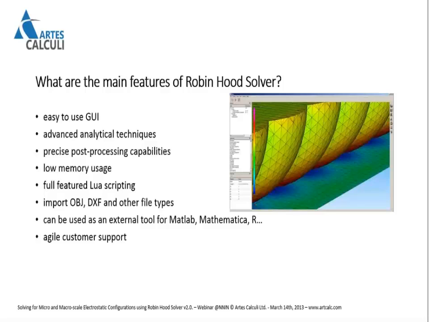We are able to import images and objects from other file types created in other software programs. And you can also use Robin Hood Solver as an external tool for software packages such as MATLAB, Mathematica, R, Python, or anything else that you are using. We also provide customer support in several different ways, usually very fast and to the satisfaction of our customers. We will talk about this at the end of my presentation.